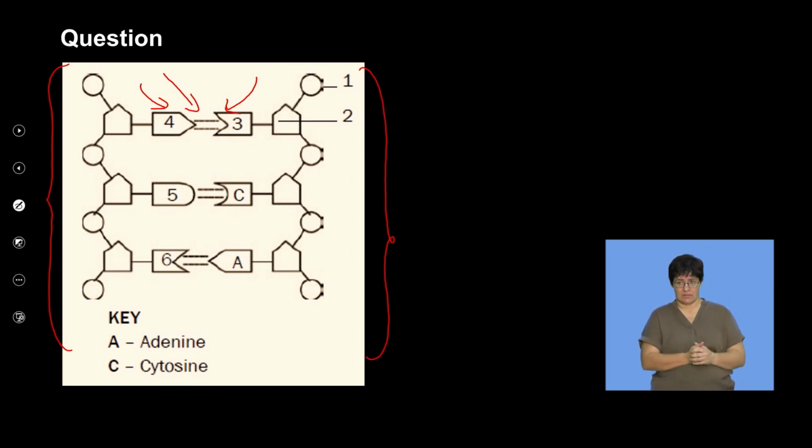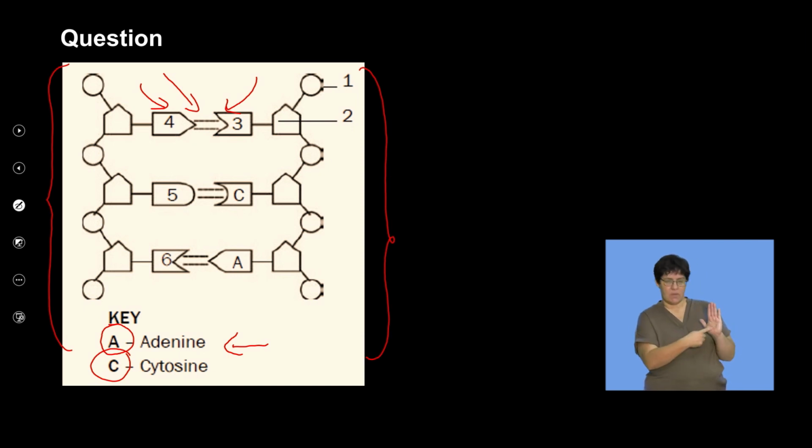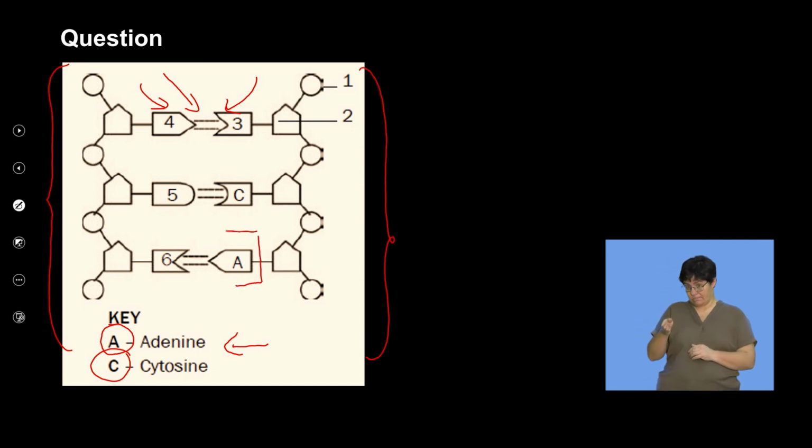Important to this diagram is a key that is given, and this key indicates that adenine is represented using the letter A and cytosine using the letter C. So in this diagram, we can see that adenine is identified with this specific shape here. We know that cytosine has been labeled, and cytosine has been identified with that unique shape.